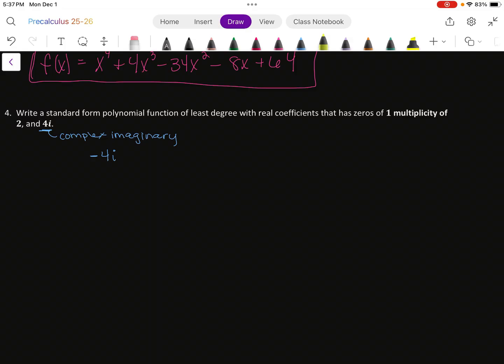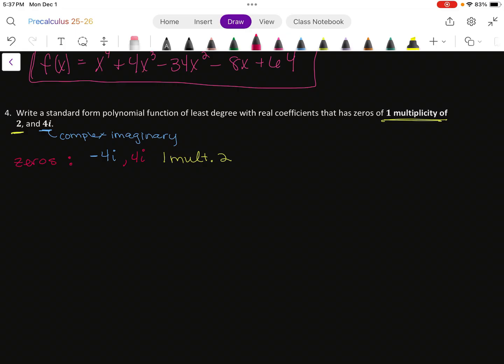And we also have 1, multiplicity of 2. Those are essentially my zeros, along with the 4i that was given.